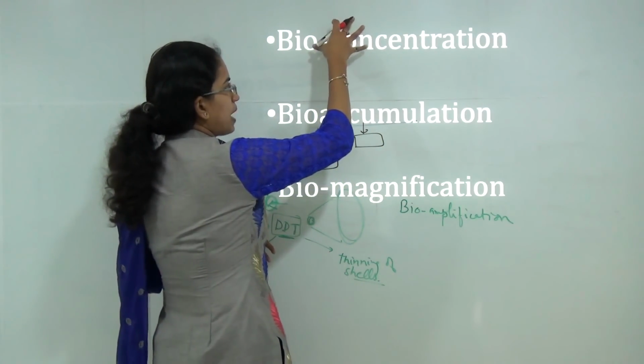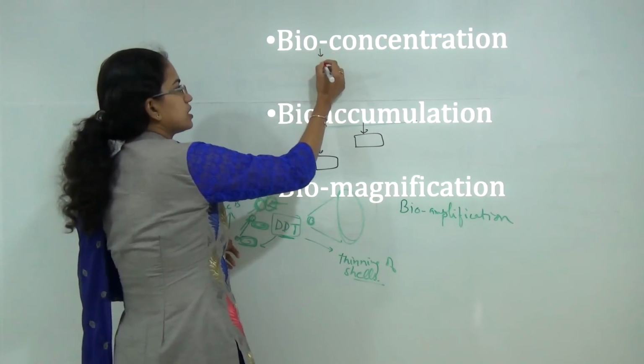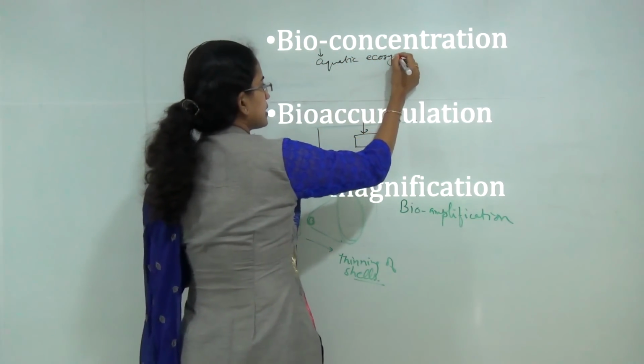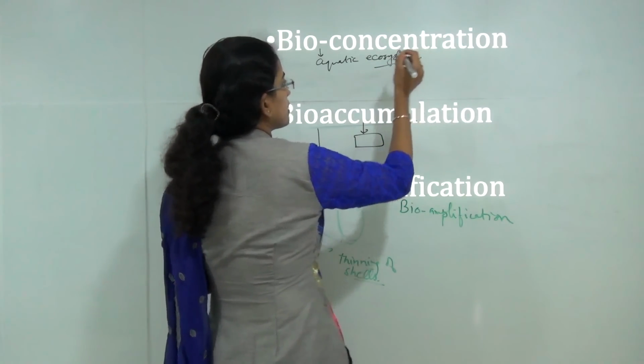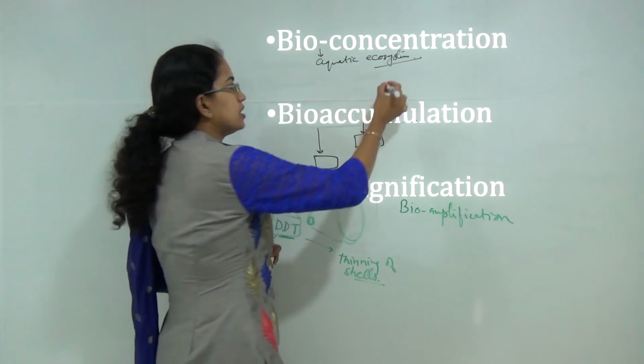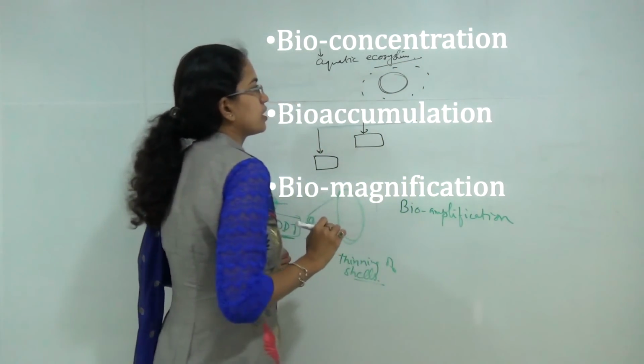Now finally is bioconcentration. Bioconcentration is classically used in aquatic ecosystems. Under an aquatic ecosystem, the amount of chemical in the body of an aquatic organism is much higher as compared to its surroundings.